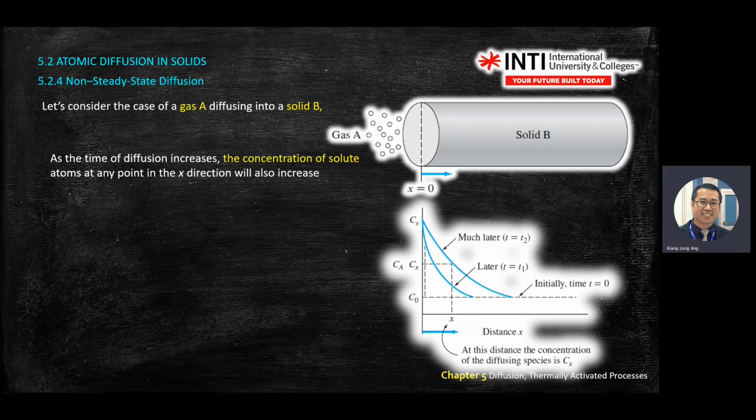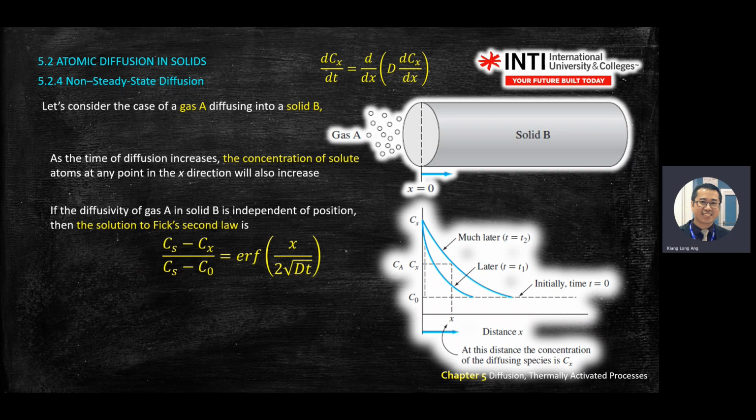So when you see this not straight line, it falls under a non-linear graph, under non-steady, then we will use the solution of Fick's second law. The derivation of this one here from top to bottom, we are not going to show.